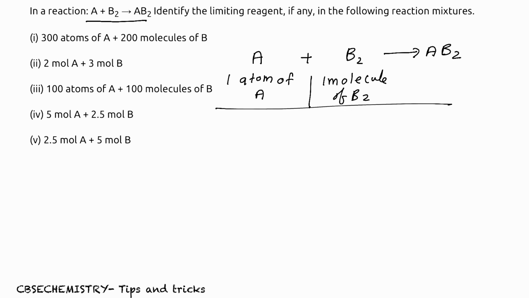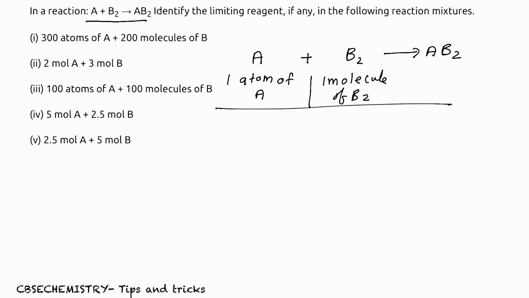Now, what is the first question? 300 atoms of A is combining with 200 molecules of B2. Correct? Now check the stoichiometry. One atom of A requires one molecule of B2.